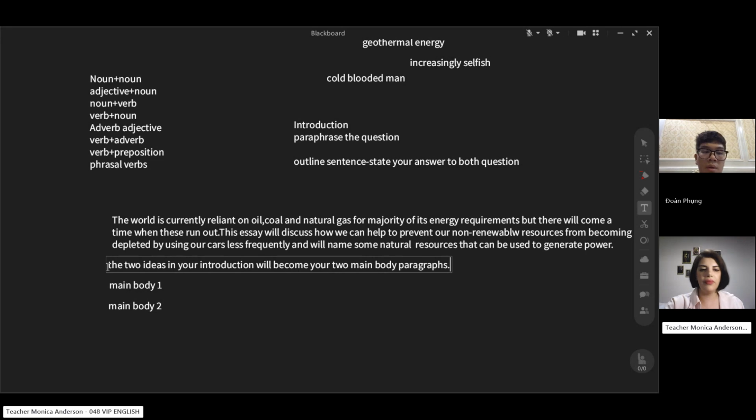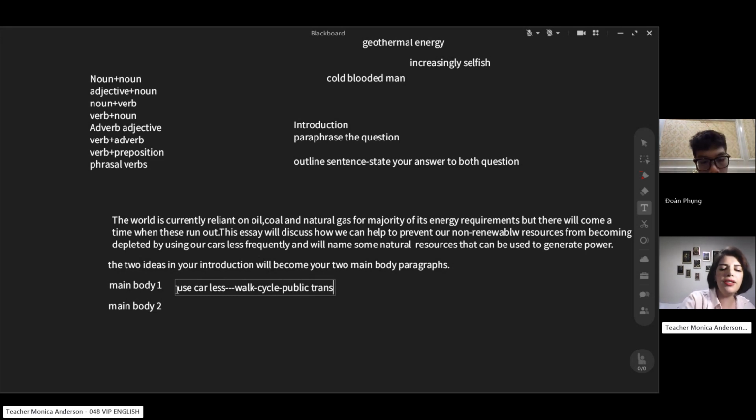Main body 1 here: use cars less, and for example, walk, cycle, public transport. Main body 2, you tell me. What should I write?